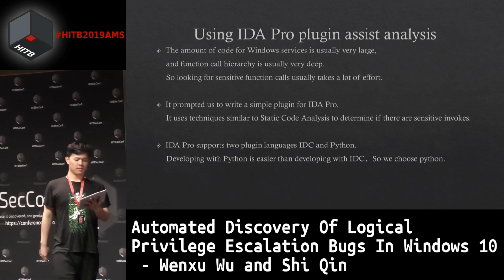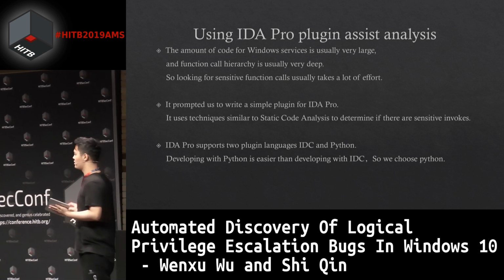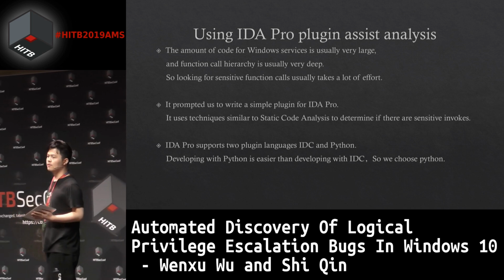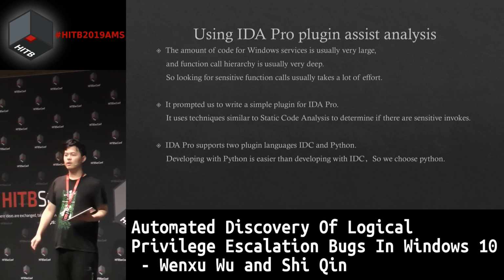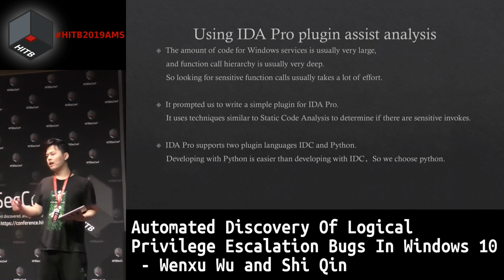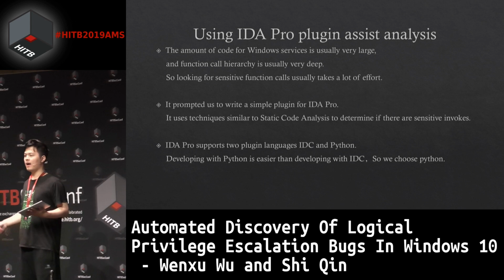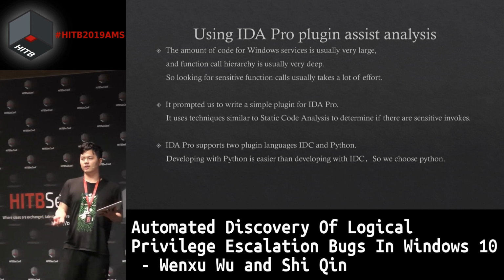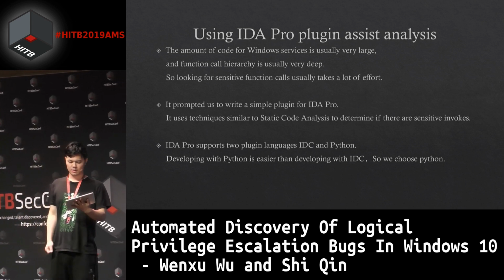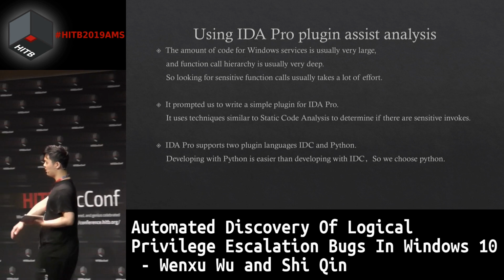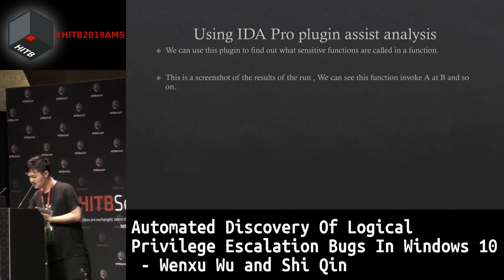So I developed IDA Pro plugins to assist us in finding new bugs. The main problem for us is actually finding the most vulnerable functions and detecting if there are any bugs. So let's see the plugins.